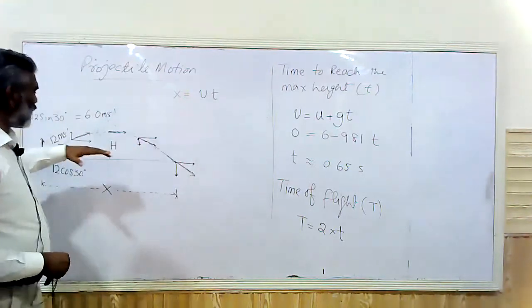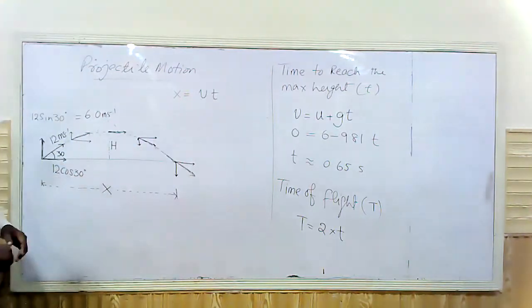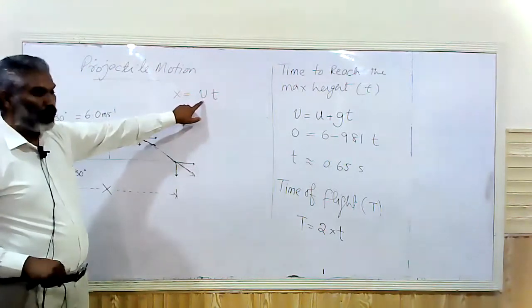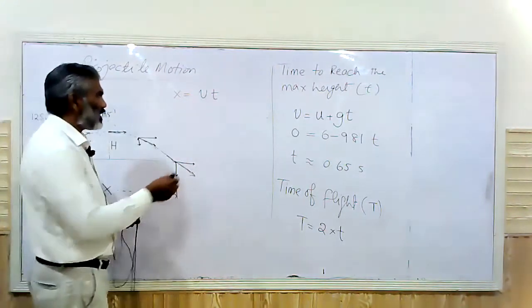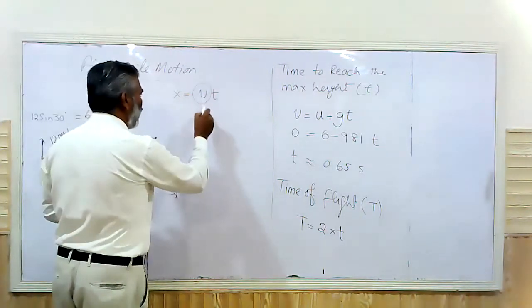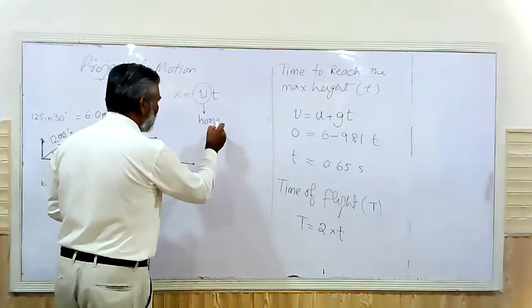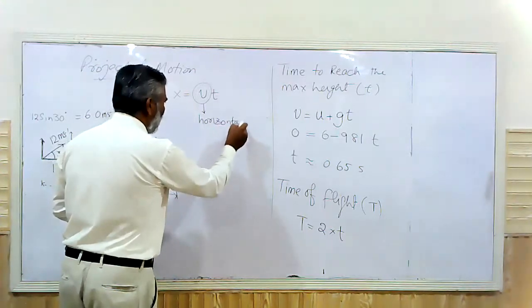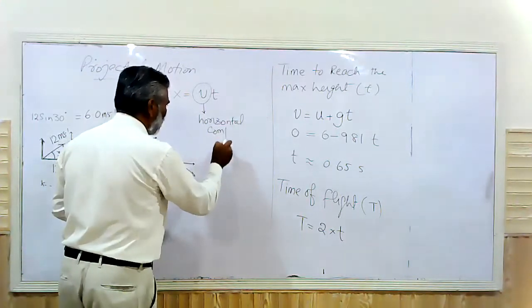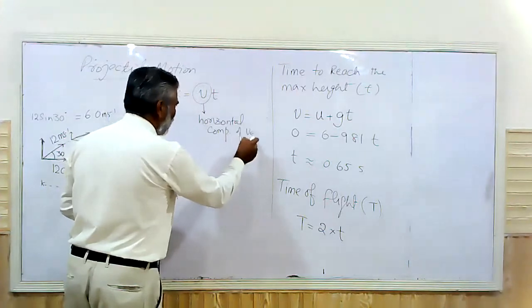And this is because along the horizontal, the velocity has remained constant. And this is actually a constant velocity, the horizontal component of velocity. This will always be the horizontal component of velocity.